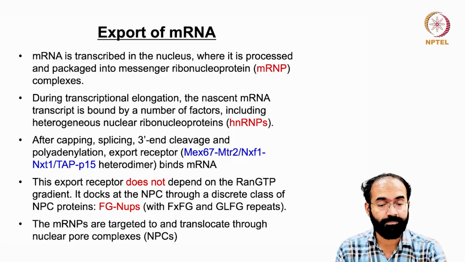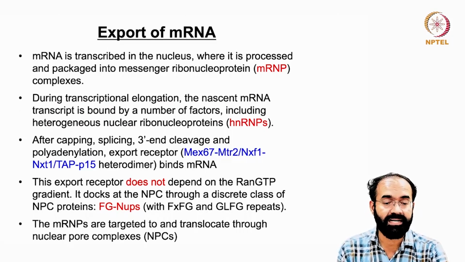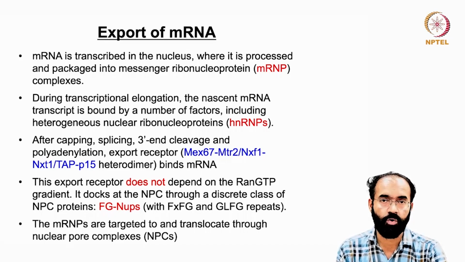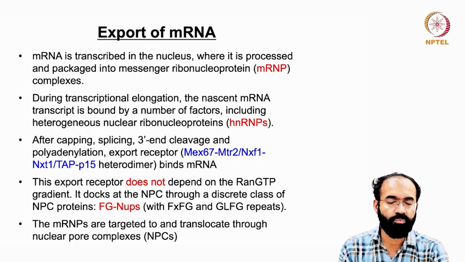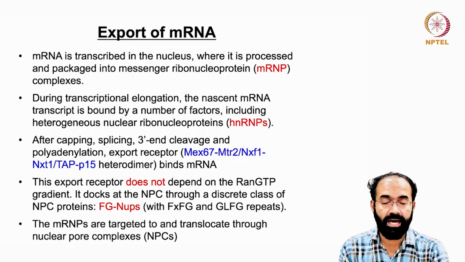After capping, splicing and 3' end cleavage and polyadenylation onto this mRNA, the export receptor, which is formed of a multi-protein complex, binds. What are those proteins? MEX67, MTR2, NXF1, NXT1, TAP, P15 heterodimer. So TAP P15 is a heterodimer, and they bind to the RNA.